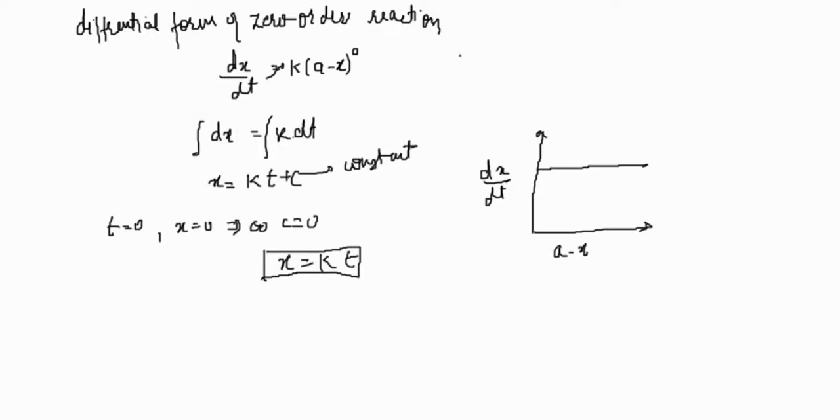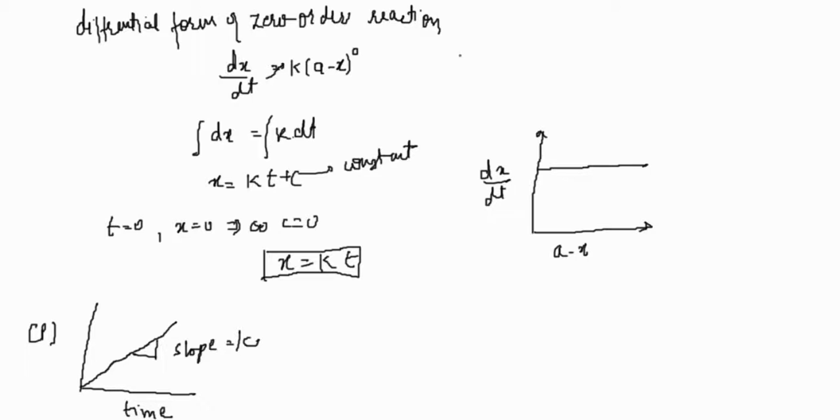Now if we draw a curve between concentration of product versus time, we know x is the concentration of product that is increasing with time, and x equals kt. Here the slope is k.